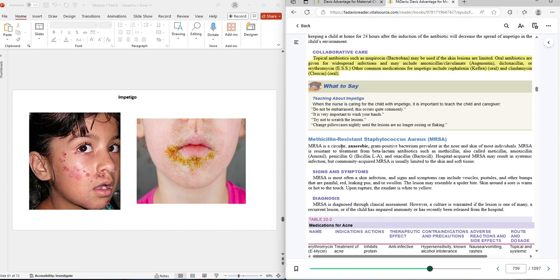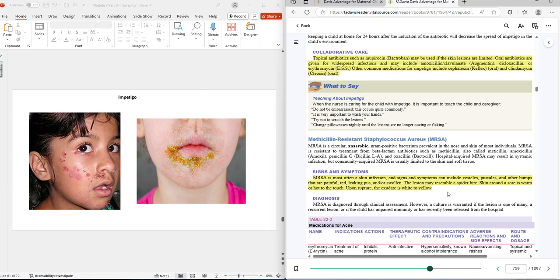MRSA, methicillin-resistant Staphylococcus aureus, is another one that they get. The most common symptoms with that are the vesicles and pustules. So make sure you understand that. This is the most common type of skin infection, okay?